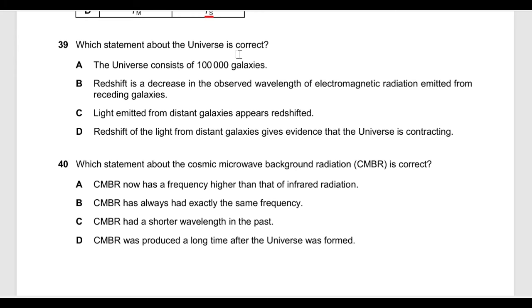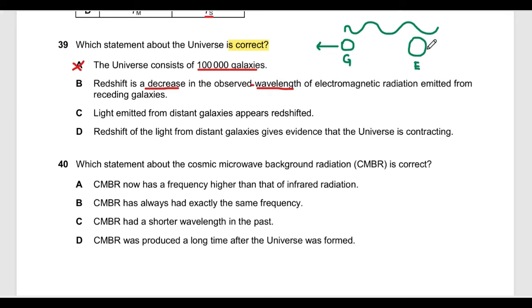Question 39 says which statement about the universe is correct? A: the universe contains millions of galaxies? No, it contains billions and trillions of galaxies. B: redshift is the decrease in observed wavelength of electromagnetic radiation emitted from a receding galaxy. When a galaxy is receding from Earth, if it emits any electromagnetic radiation, as the radiation reaches Earth, its wavelength increases.